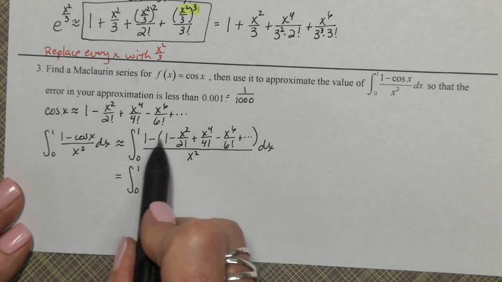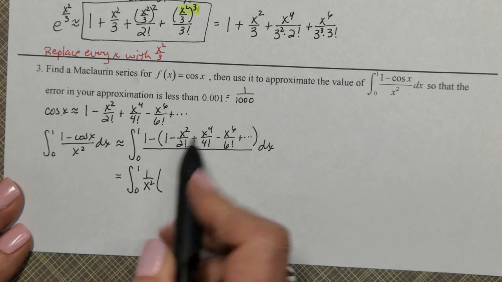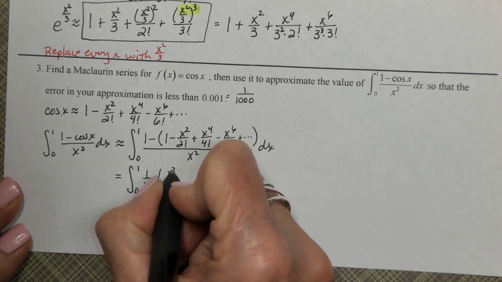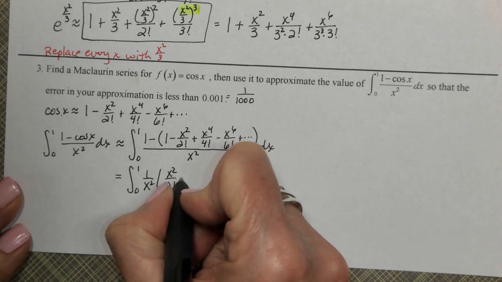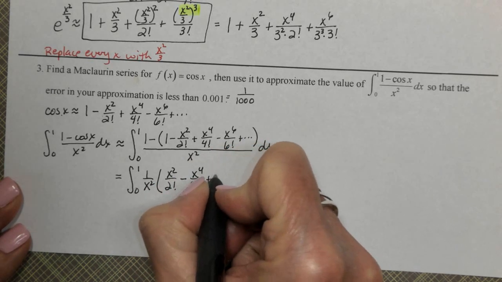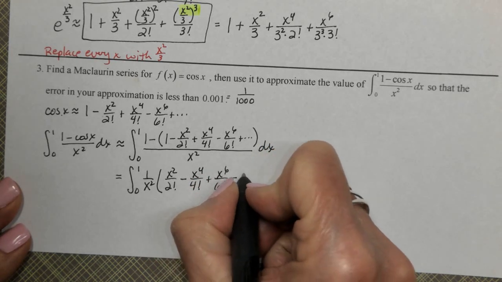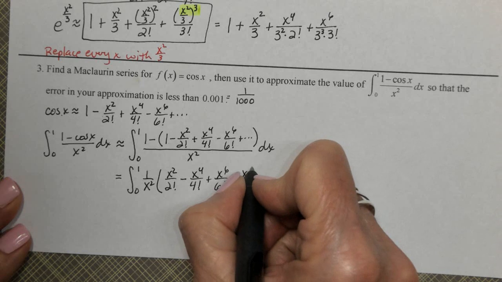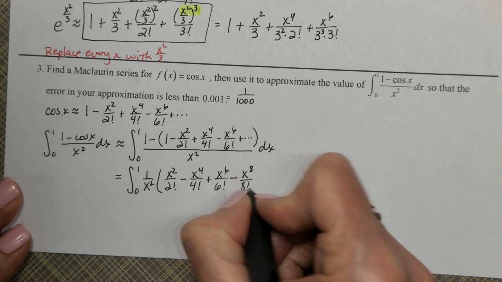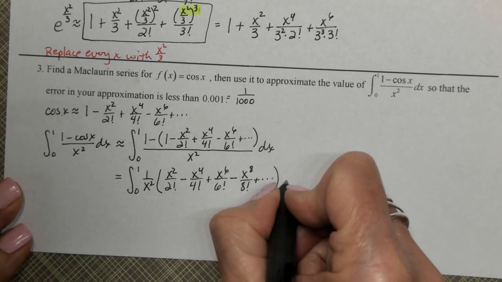Okay, the 1 minus 1, I have no 1's left, but then the negative is going to distribute, and I'm going to have a positive x squared over 2 factorial, then a negative x to the 4th over 4 factorial, a positive x to the 6th over 6 factorial. I might go ahead and write the next term here, get at least 4 terms here to give me a good pattern, and then plus dot dot dot.